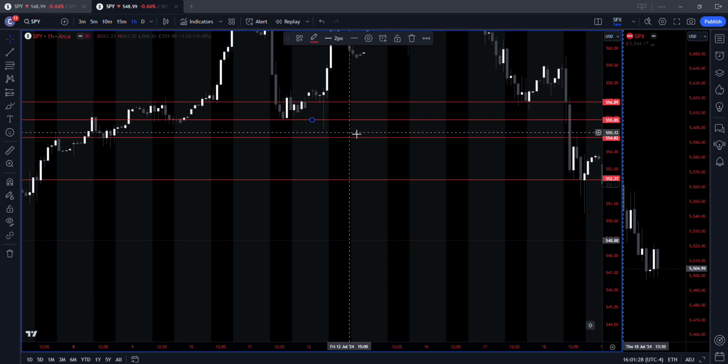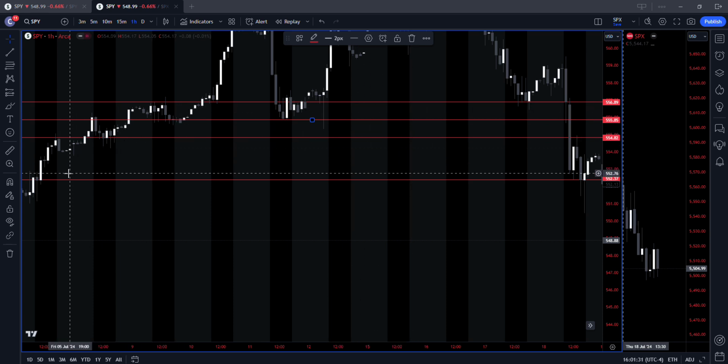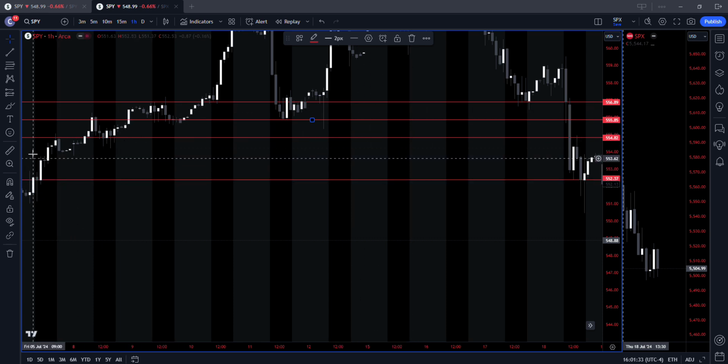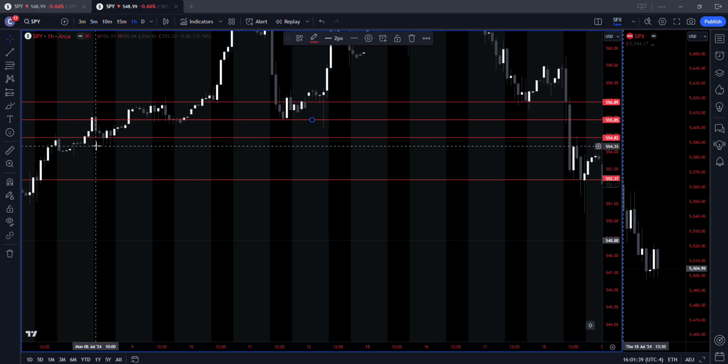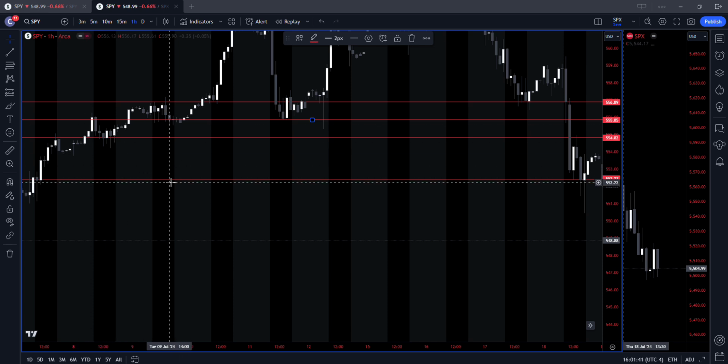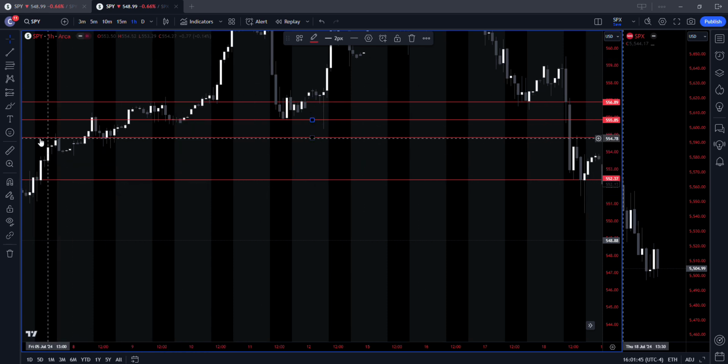But your main goal is the bigger area where you saw a bigger reaction, because the point of the algorithms, the point of the systems, is to take orders where the majority of the orders are sitting. And it makes sense for orders to sit here because you have a bigger reaction here.